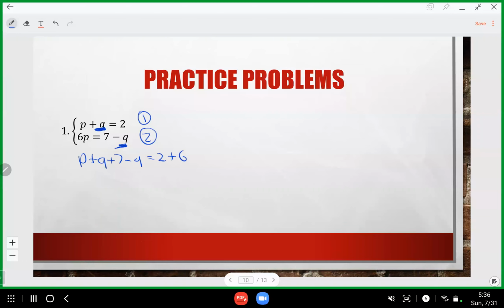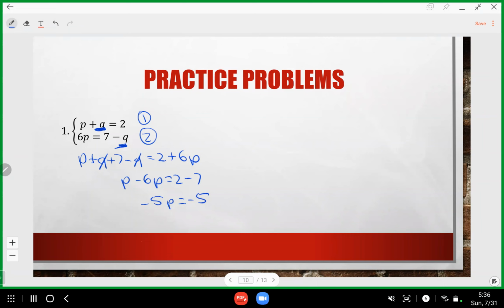And after that, the q's cancel out, and I moved the 7 to the other side and the 6p to the other side too. So it is 5p equals negative 5, which means p is equal to 1.